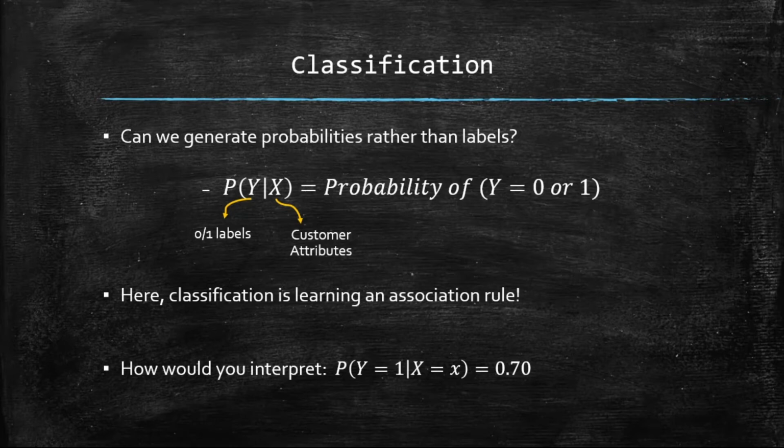Sometimes we're interested in computing that probability, that likelihood, so that we could have more knowledge about that customer, and that would give you much more information regarding that customer. So that is when we use classification through generating probabilities rather than just the class labels, right?